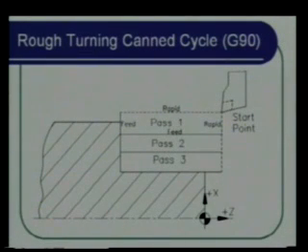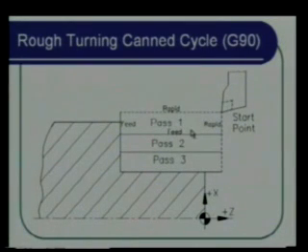For example, you can have a rough turning cycle. Let us say I have to take 3 rough cuts. Normally I would go to the start point, go to the depth, do the turning, retract, and come to the start point. So this will be rapid, feed, feed, rapid, and I will have to repeat the same.